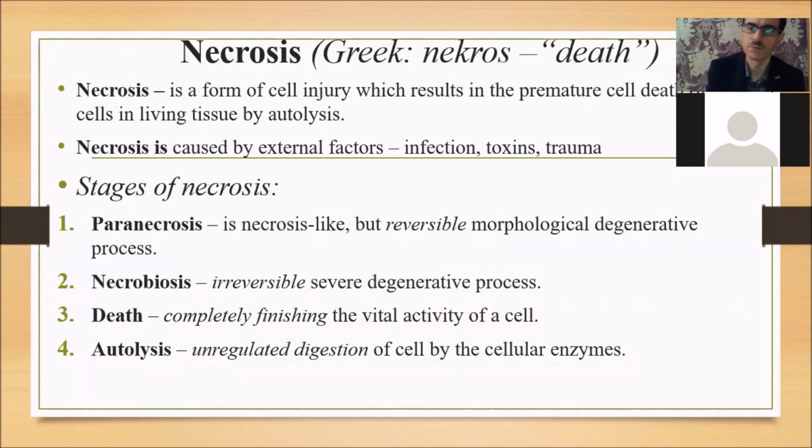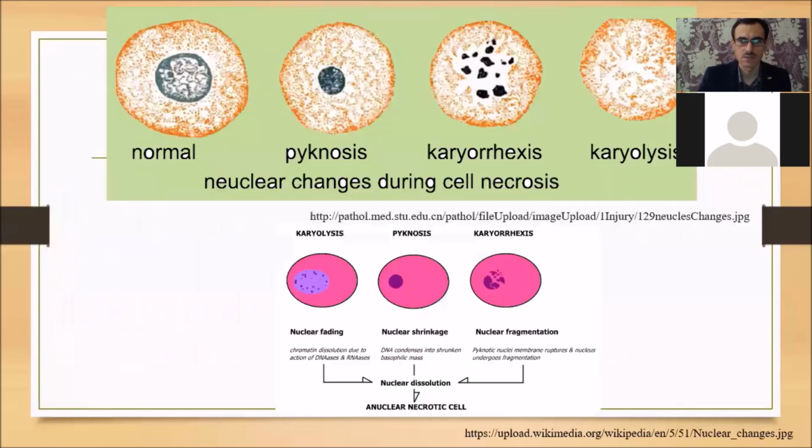Some of the degenerative processes are irreversible, like the hyaline degenerations, the hydropic degenerations, but some of them are reversible. We call that paranecrosis. But necrobiosis is the irreversible, severe degenerative process. Then death, the complete stopping of the vital activity of the cell, and finally autolysis, the unregulated digestion of the cell by the enzymes of the cell.